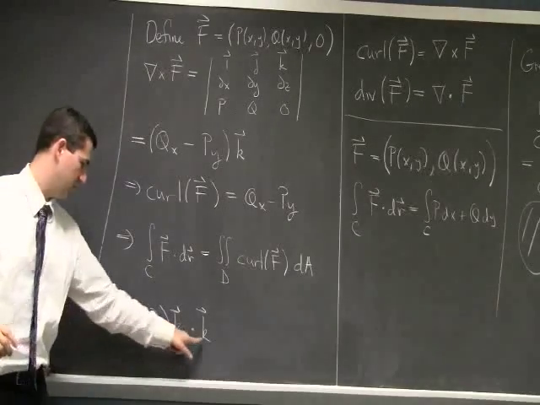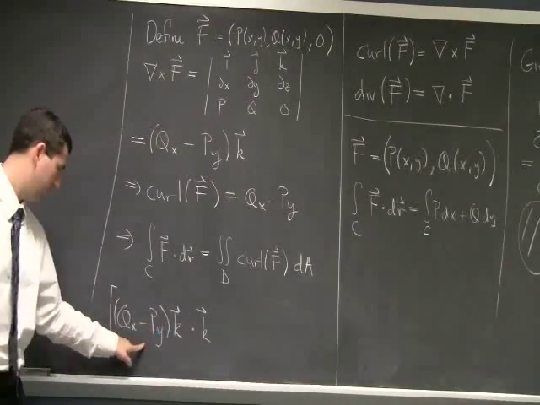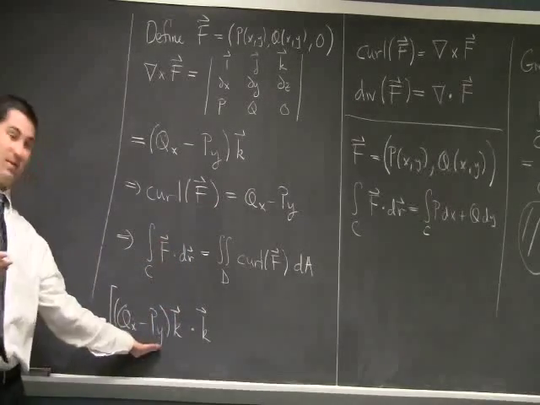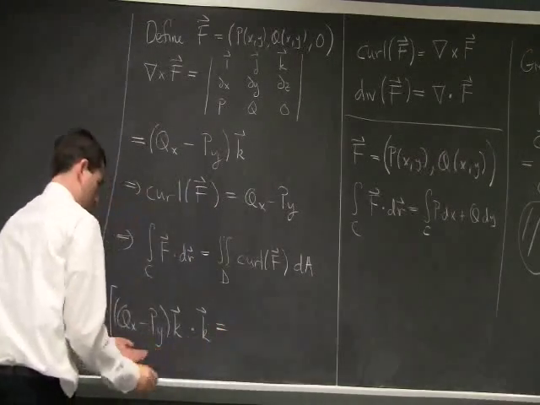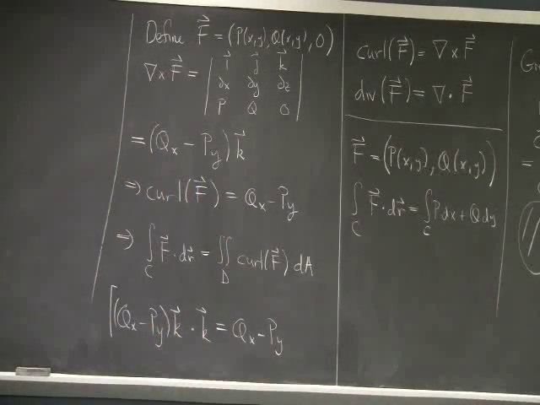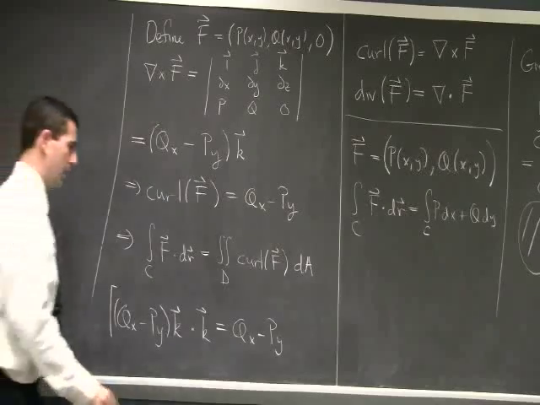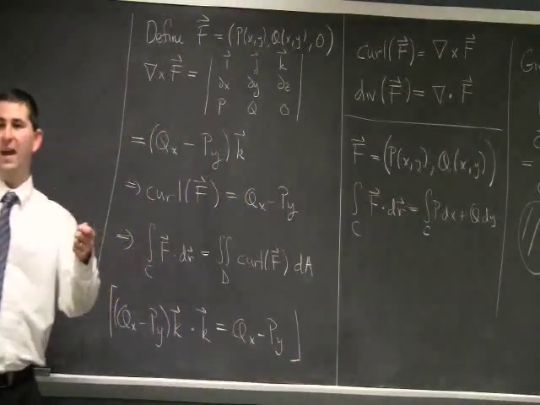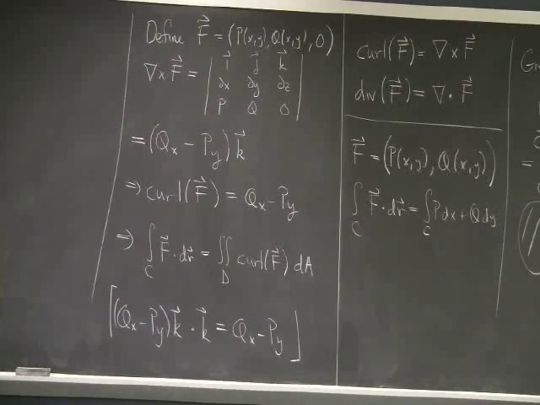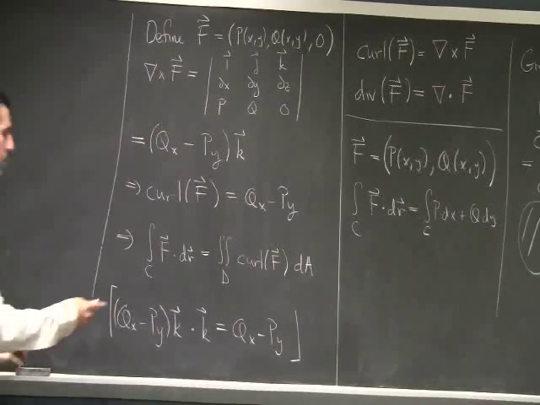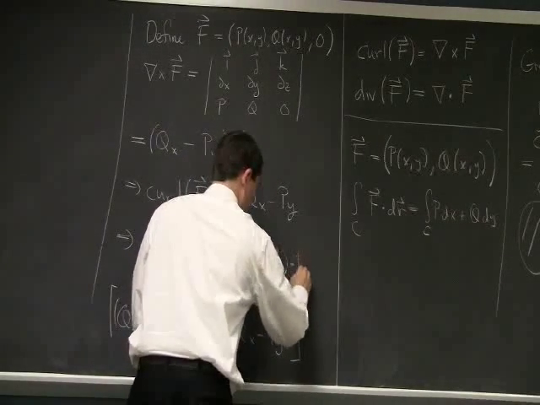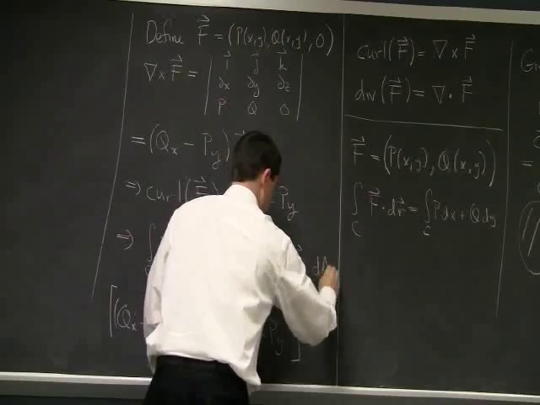Well, you take the coefficients in front of k, which is this and 1, you multiply them, and then there's no other vectors to add up, so it's just this coefficient, Q_x minus P_y. It's just like when you do, if you had 2k dot product 4k, it would just be 8. The k's go away. Okay, so to make this correct, we need to take the dot product with k.